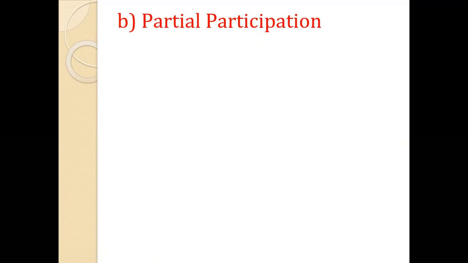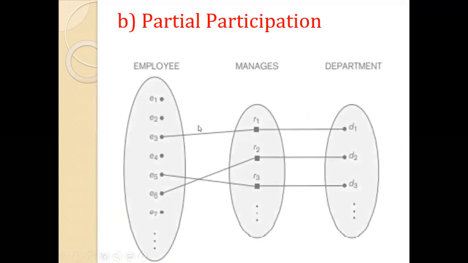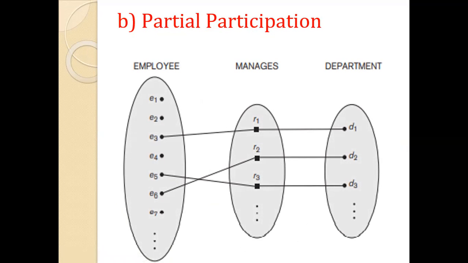In the ER diagram, we have to use a double line between the relationship type and the entity type for total participation. But partial participation specifies that the entities in an entity set may or may not participate in the relationship.